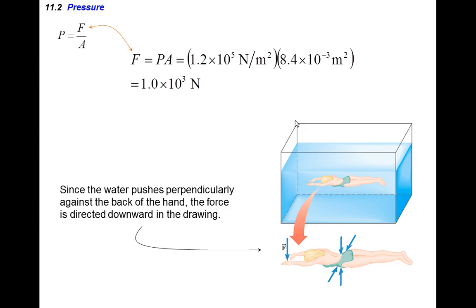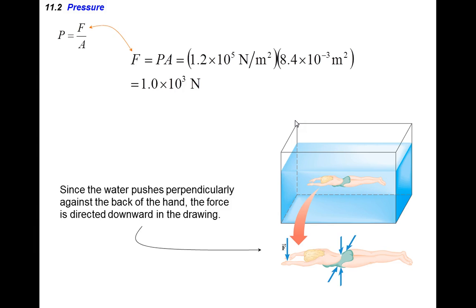Air pressure is pushing on us from all sides. So in this case, I guess we're looking at the back of her hand. The water that's on top of her hand, and indeed the atmospheric pressure on top of the water on top of her hand, is all pushing down from the top to the bottom. It's also pushing up from the bottom to the top.